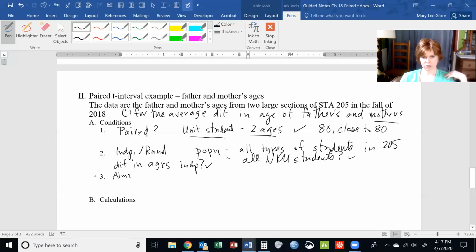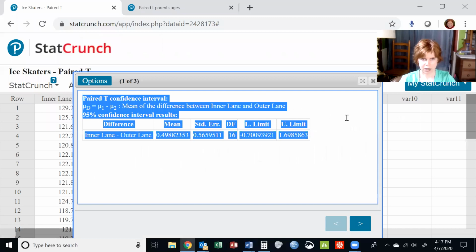And again, I have to look at a histogram of the differences. This test is all about the differences only. Once I know what the differences are, I'm uninterested in the actual values. And I'll show you that. All right, so we're going to go to our data set. I shared this one too.